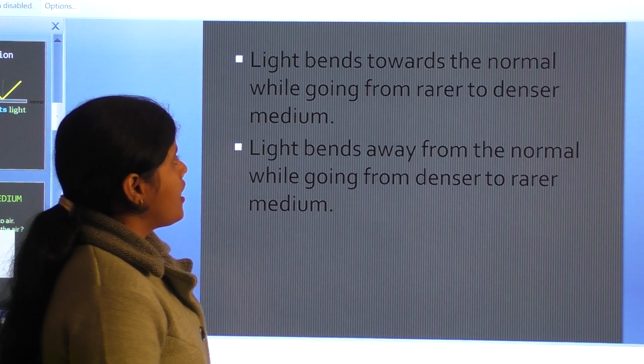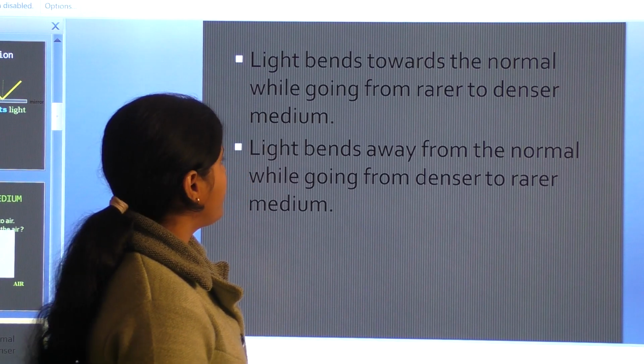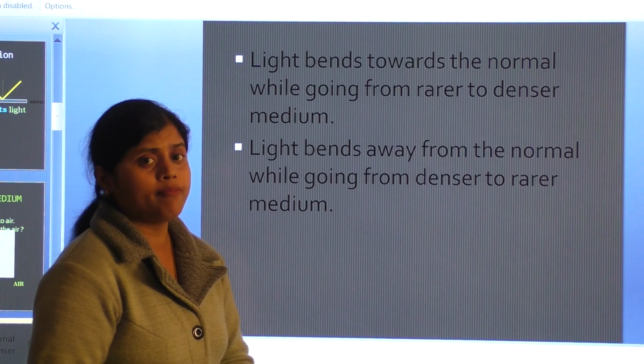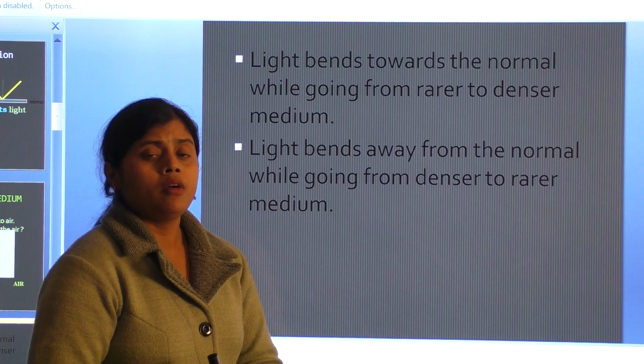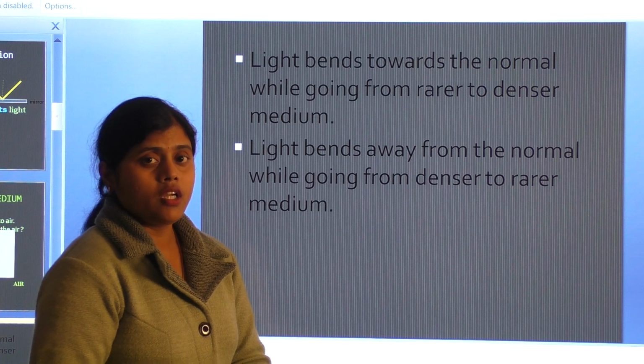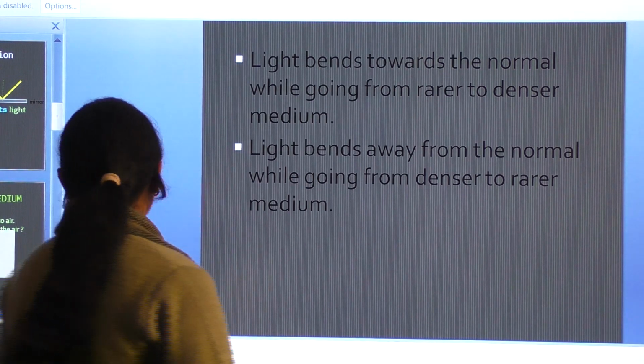If light is going from a denser to a rarer medium, it bends away from the normal. So these are the two important points I want you to remember, because these two points play a very vital role in understanding total internal reflection and critical angle.